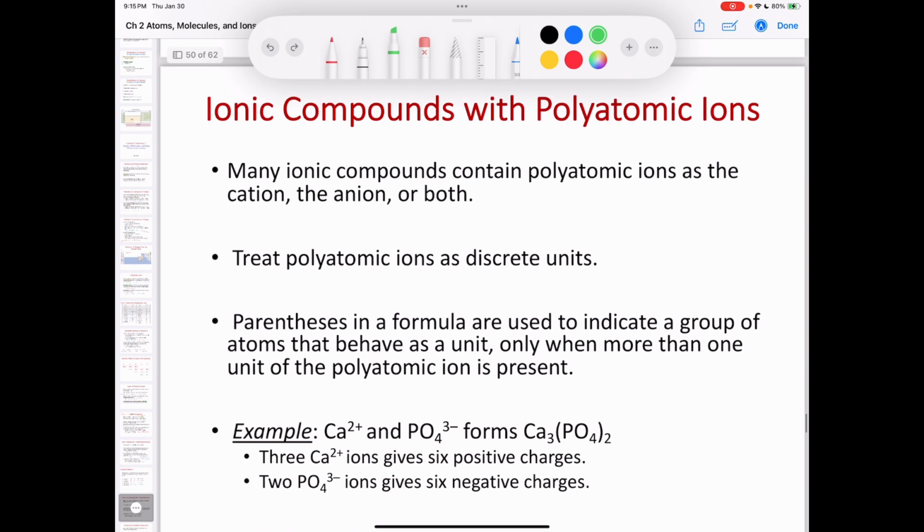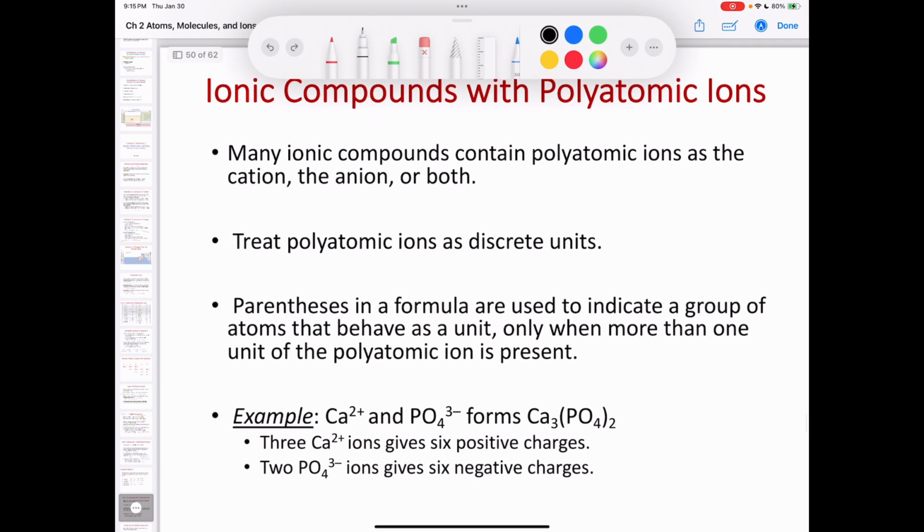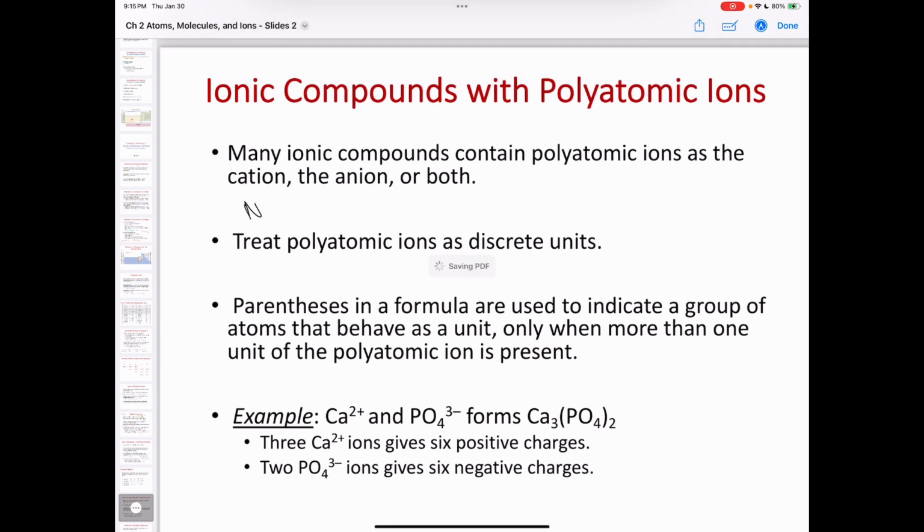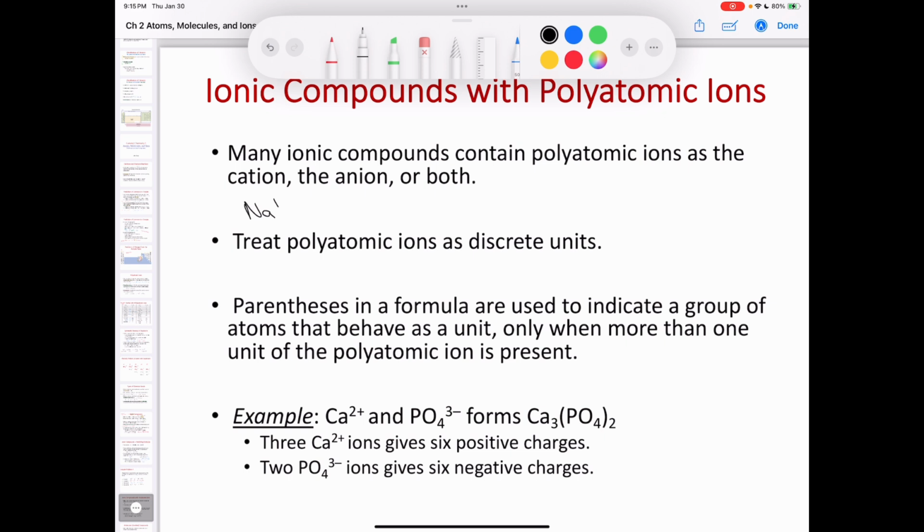So ionic compounds with polyatomic ions. Now we're turning up the heat because many ionic compounds contain polyatomic ions as the cation or the anion or both. So let's say you were going to make a compound out of sodium, which is +1, and carbonate, which is 2-.